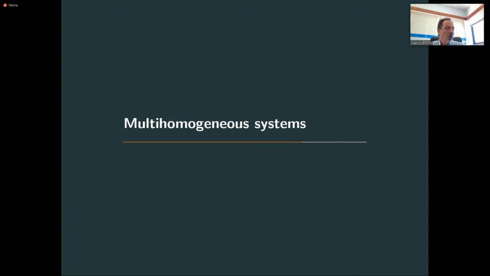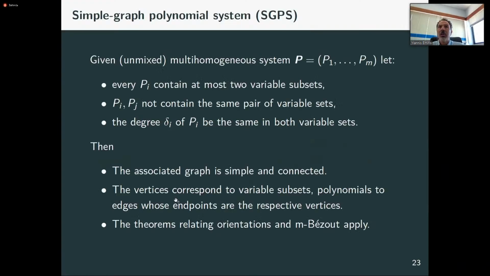So I will conclude with a couple of slides for extending to a larger class of multi-homogeneous systems. Our theory applies to all kinds of multi-homogeneous systems, actually to polynomial systems that can be put in this framework. Every polynomial contains 2 variable subsets. So I need to define a partition of variables, and then I check that every polynomial has 2 subsets of variables, and they are different.